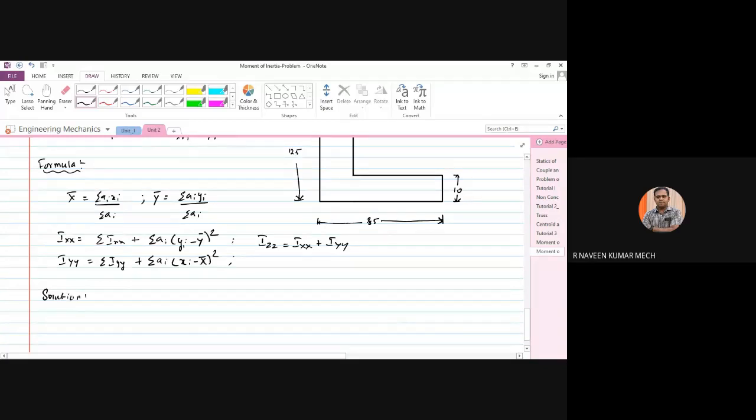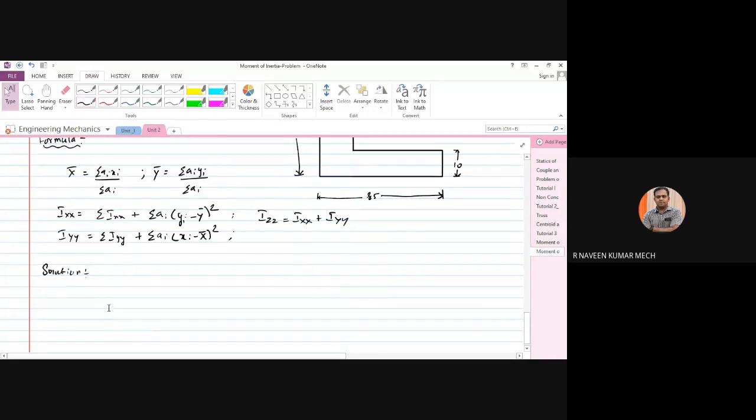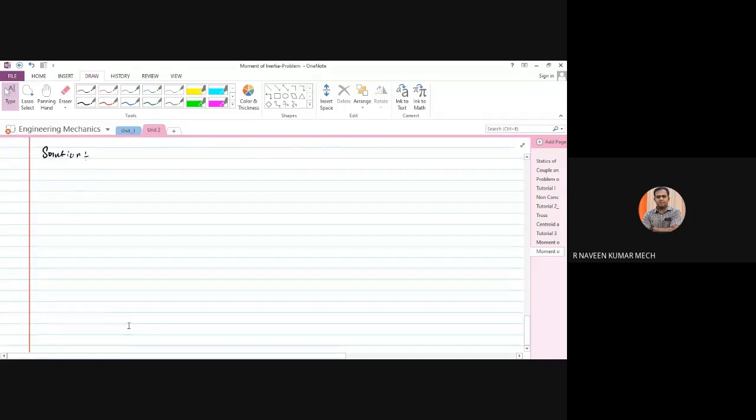First, we want to draw the two tables. The first one is for finding the moment of centroid, and another one is for finding moment of inertia. Let these be the two tables: area Ai, xi, yi, Aixi, Aiyi.